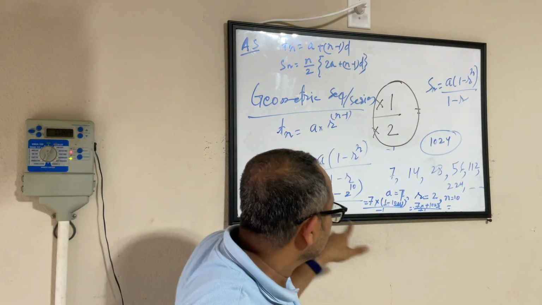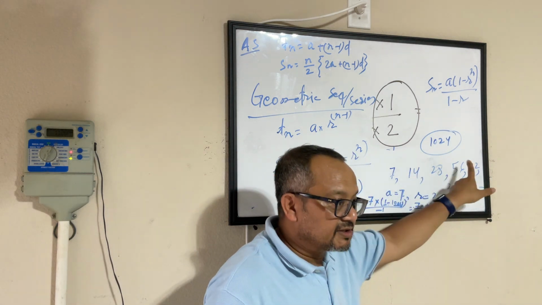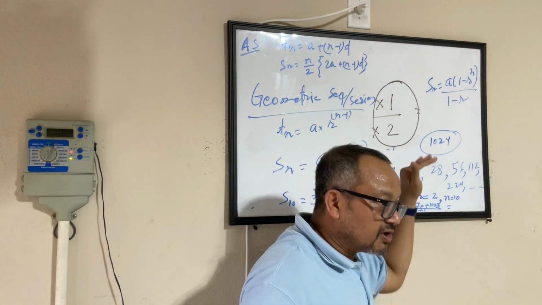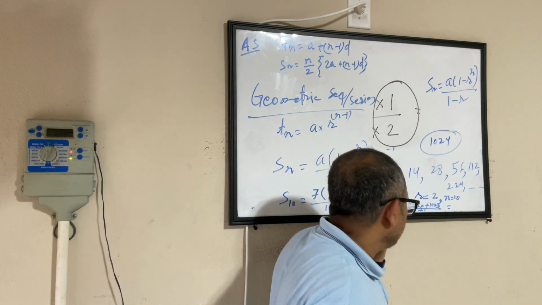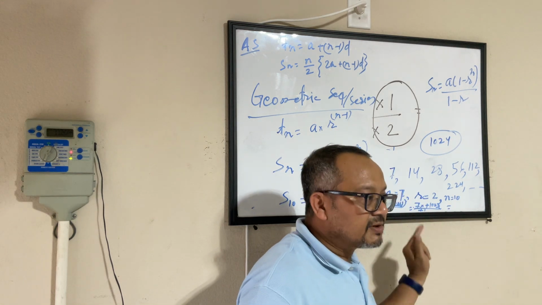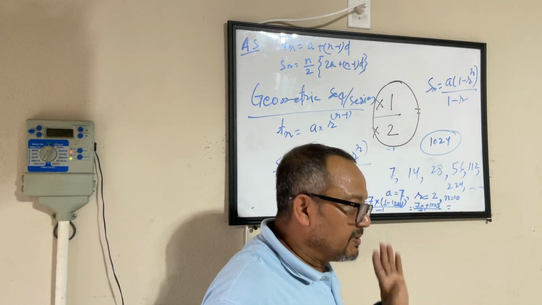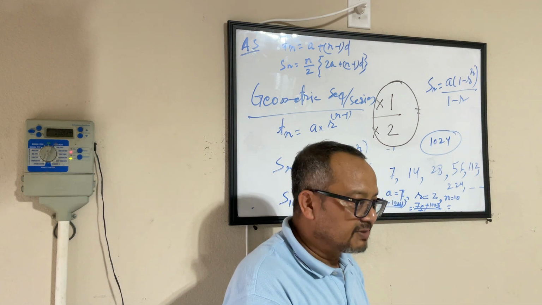When I'm solving the problem, I'm actually saying, okay, this is my geometric series. I'll probably write a story also: where my first term is 7, so A equals 7. Common ratio is 2, that is R equals 2. We have to find the sum of first 10 terms, so N equals 10. If I have the time, I'll go through it one by one, step by step.